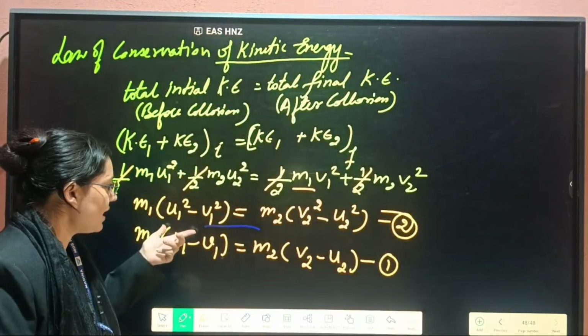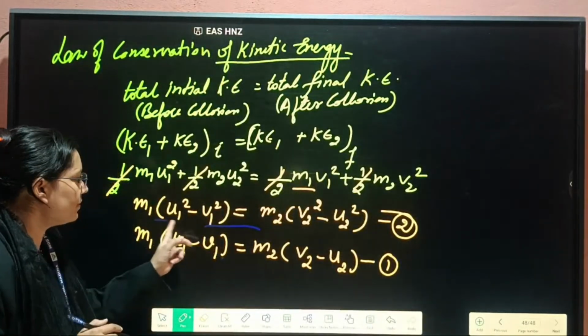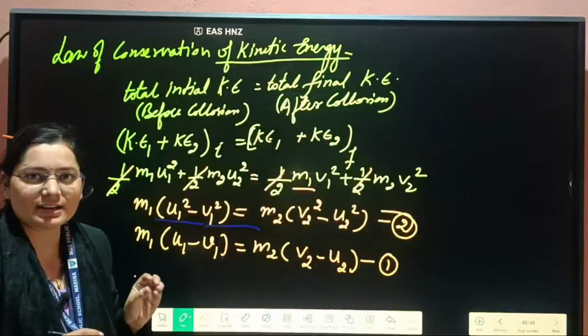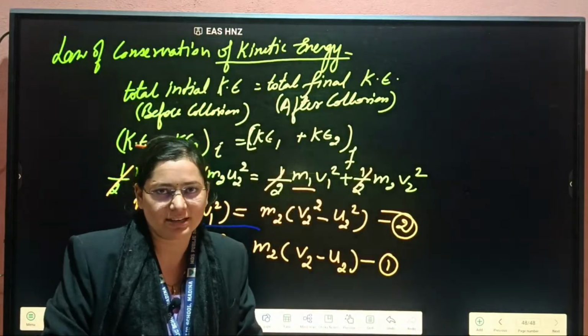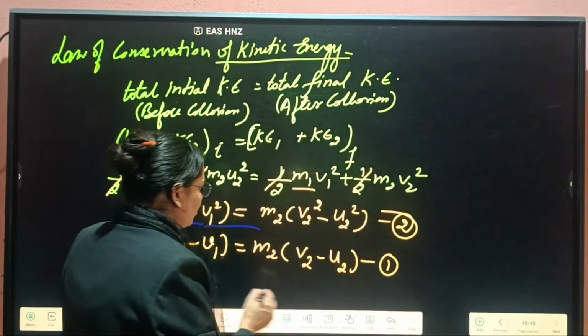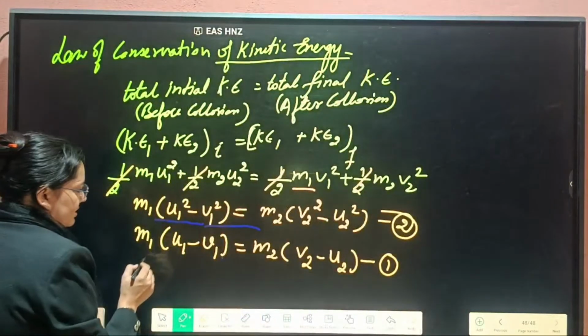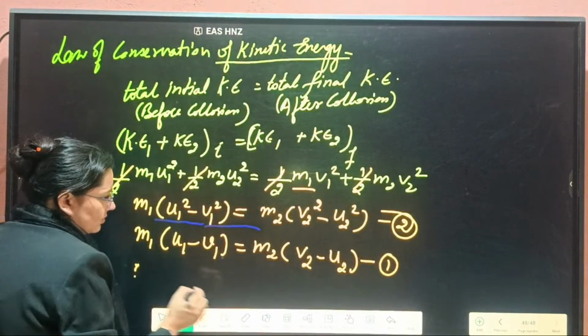So here we have to find out ratio of these velocity. So how we can find there, open this one formula. This formula we can write there a square minus b square, we can write there a plus b, a minus b. So as we are opening this one, then we can write there second equation.